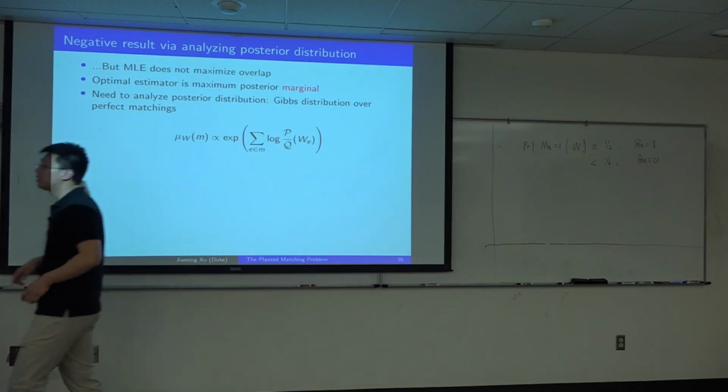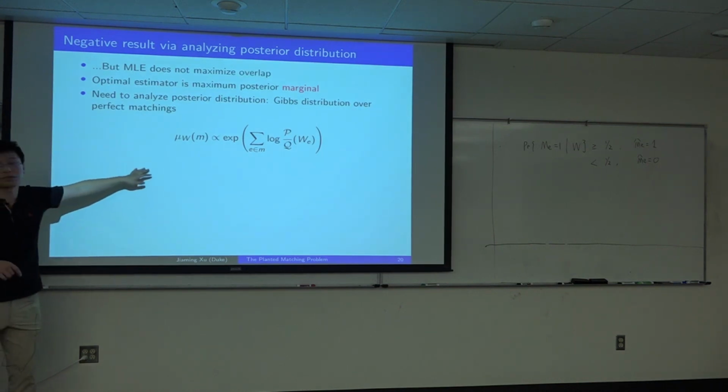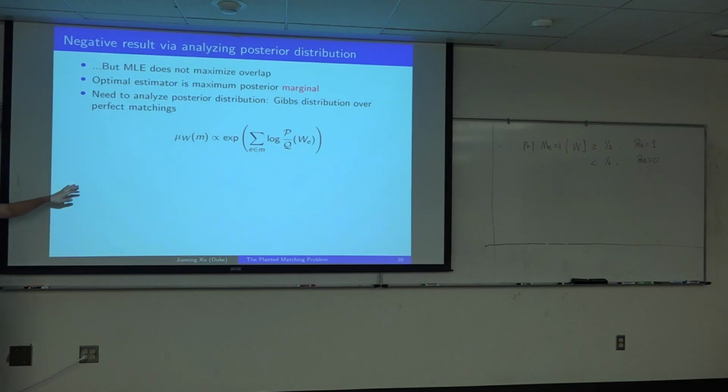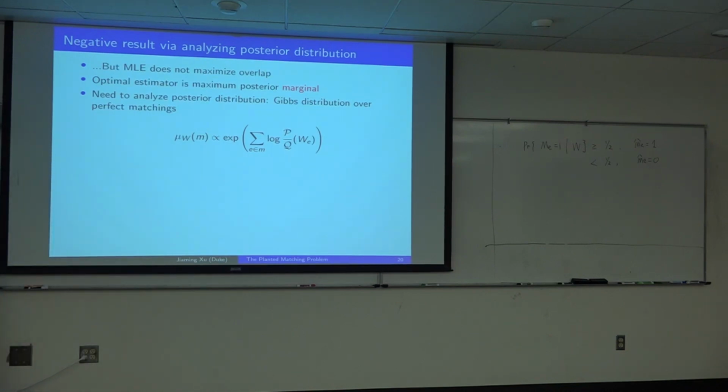But to compute this marginal posterior, you have to look at the so-called posterior distribution. Let me first talk about this posterior distribution. In this case it is a Gibbs measure over all the possible matchings.